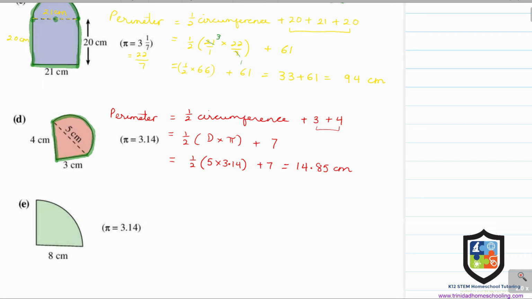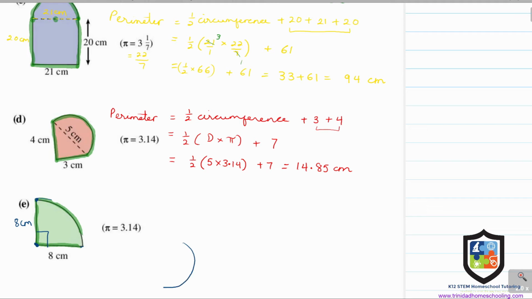Now part E, pause the video and try part E. Part E is made up of this part of a circle. Okay, now is this part of the circle a diameter? This is not a half of a circle. So we have this 90-degree angle here.